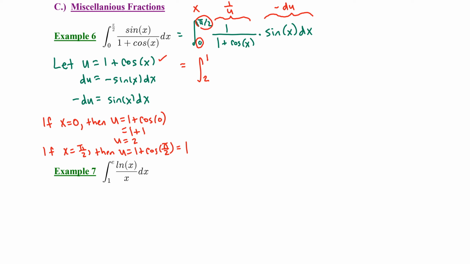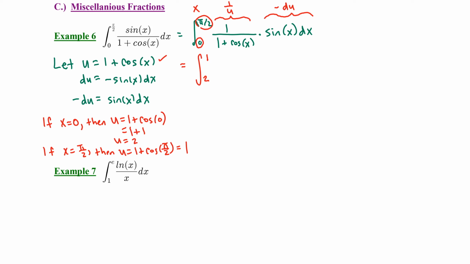So I want to be very careful to coordinate the new lower limit with its corresponding lower limit and the new upper limit with its corresponding upper limit. Now, notice the lower limit is bigger than the upper limit. That is a-okay. Again, I've got those correspondences in the right spot. They do not necessarily have to go from a smaller number to a larger number.